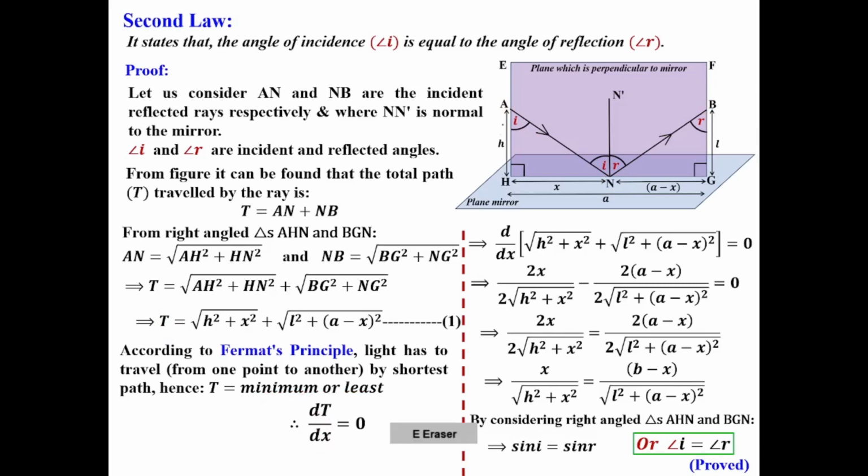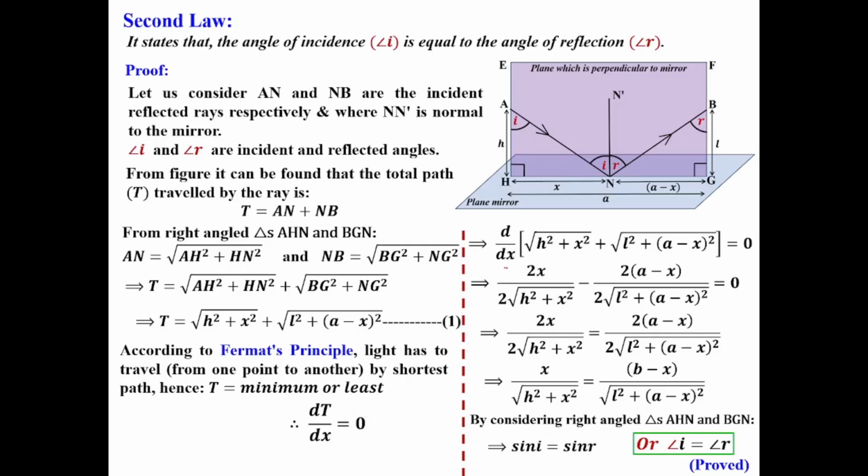Here AN is a function of x, NB is also a function of x. So obviously T, A to N plus N to B, is a function of x, and if it is minimum, then its derivative with respect to x will be 0, right? That concept we are going to apply on this equation number 1.